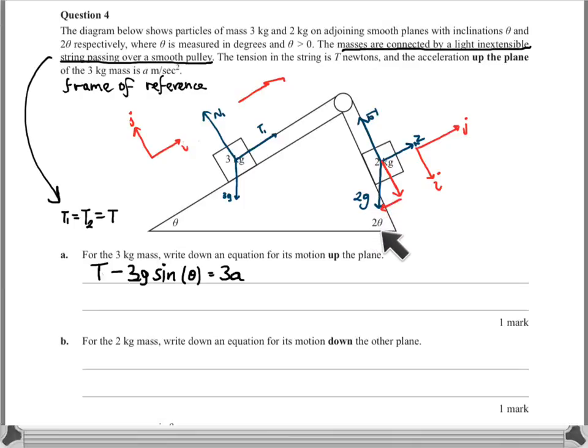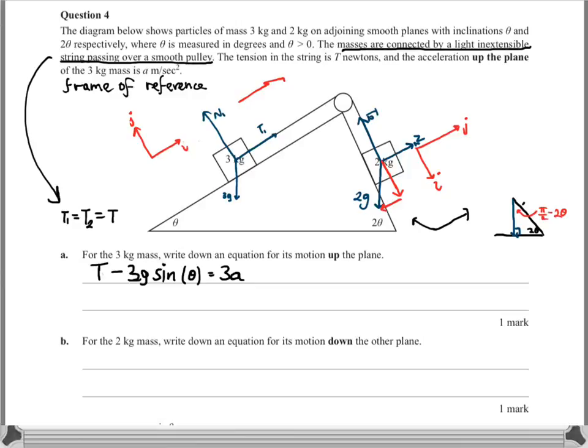Now how does that relate to this angle, this 2 theta? Well, let's look a bit closer. Here's the weight force. If we extend this down, it's going to come perpendicular to the base, and that's what we see here. There's the weight force coming down perpendicular to the base, and that's the corner of the slope. And we know here is 2 theta.